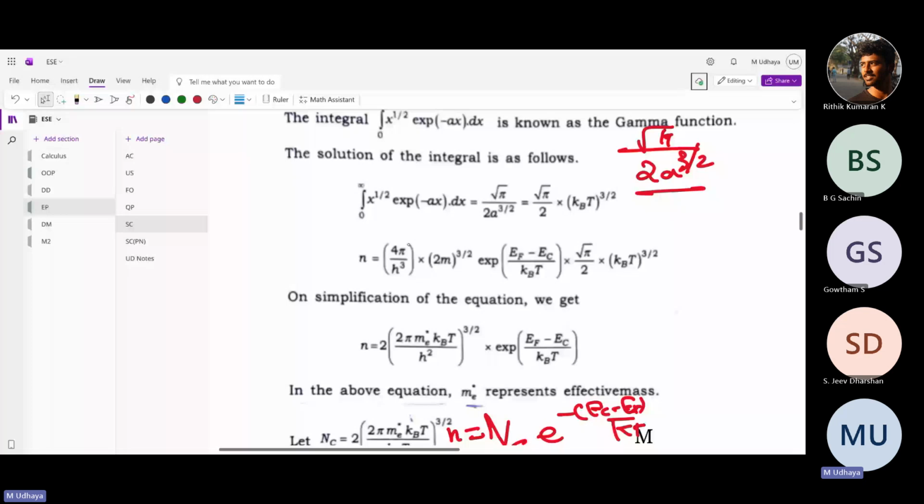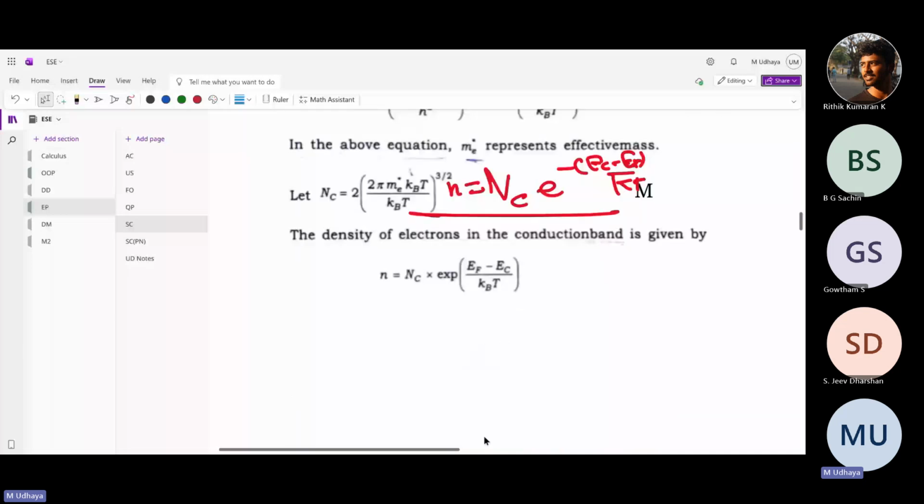You substitute all the constants here, and you eventually get 2 into some whole constant per 3 by 2, since 4 by 2 is 2. Let's call this 2 into the whole thing as NC, simplifying the process. So it becomes NC into E power minus of EC minus EF. I have this weird habit of putting EC minus EF because EC is greater than EF, so that I would at least remember it. So the final answer would be N is equal to NC into E power EC.